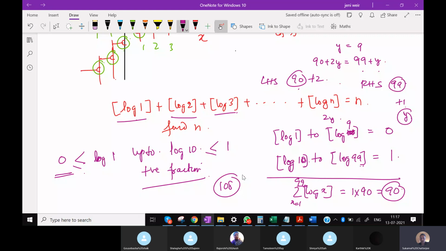So these are simple examples of the box function.